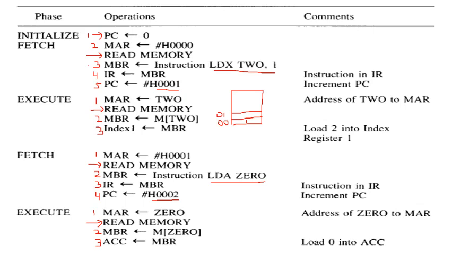So in this instruction LDX 2 1, data is moved from memory location 2 to the index register 1, and we have discussed how this instruction can be fetched and executed by various steps.